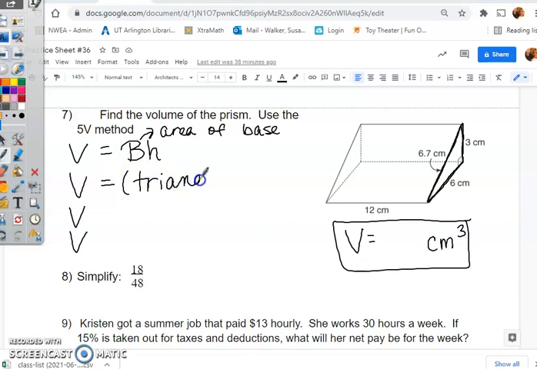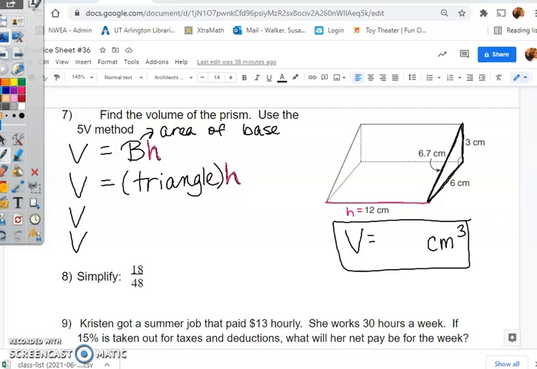Triangle. And remember, we put H after it. And I hope you remember this H, remember, this is the prism height. What is the prism height? Well, the prism height connects the two triangles. So this is the prism height. Okay, just so you know.